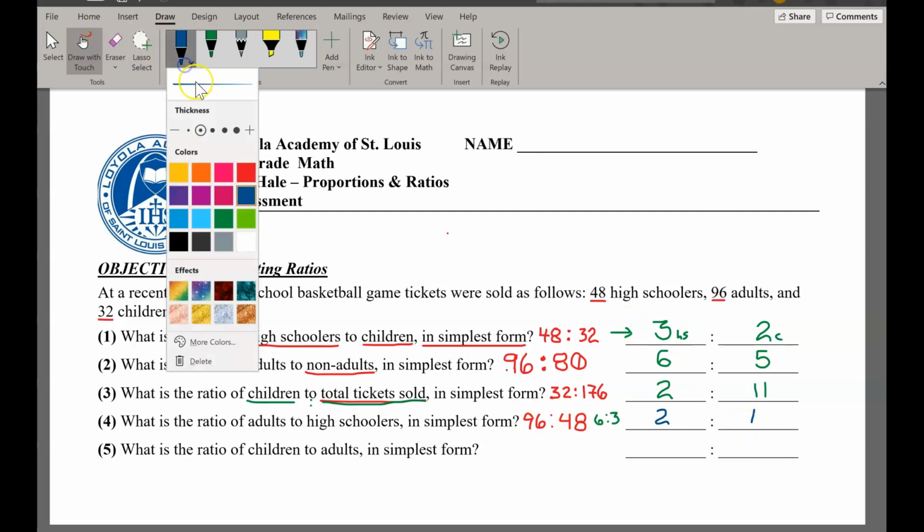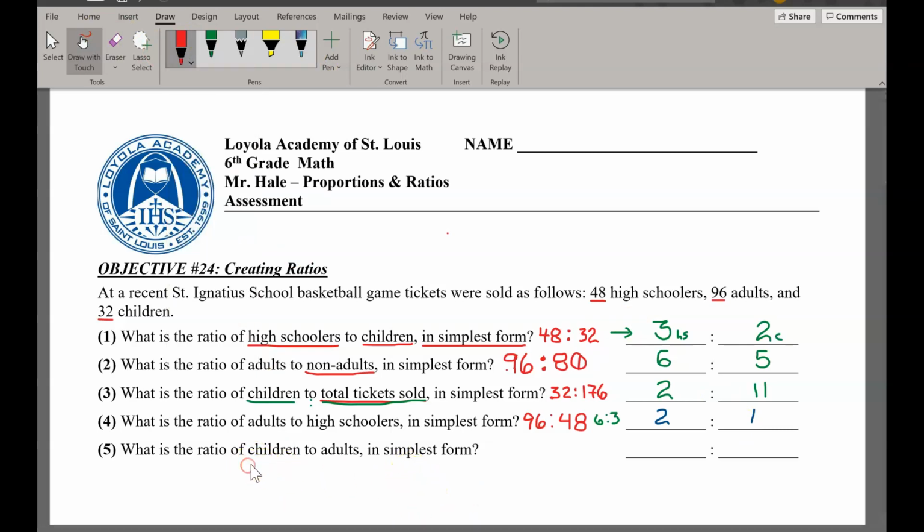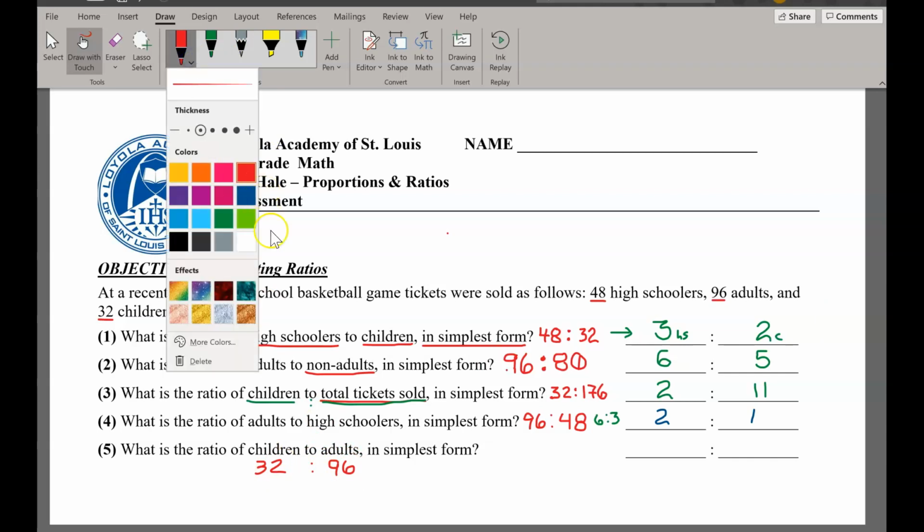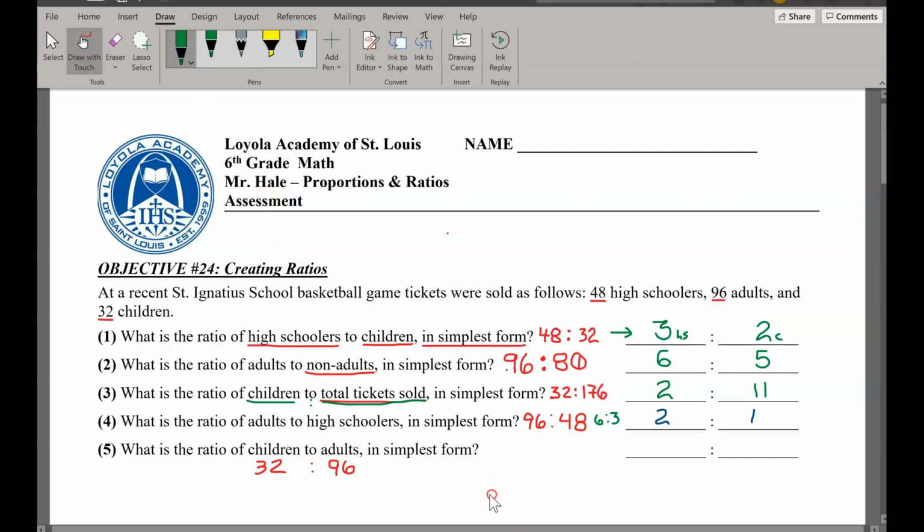All right, our final example. What is the ratio of children to adults? There are 32 children present. And how many adults? 96. We're going to simplify that down, guess what? By 16. 32 divided by 16 gives us 2. And 96 divided by 16 gives us 6. Oh, wait a minute.